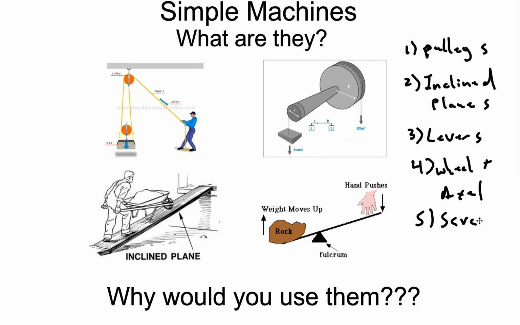A screw is actually a simple machine. It's an inclined plane that's wrapped around a cone, and yeah, believe it or not, they actually do make your work easier.